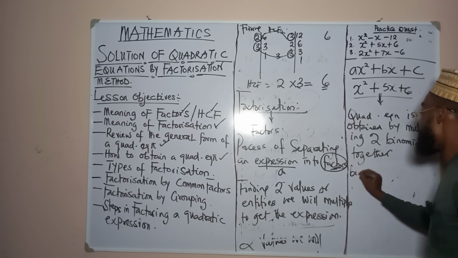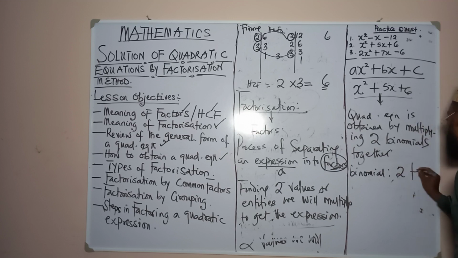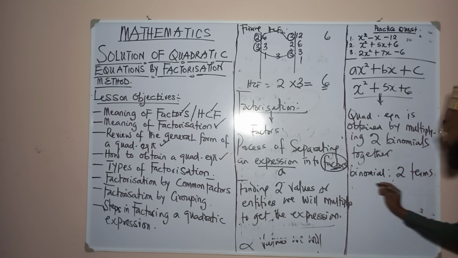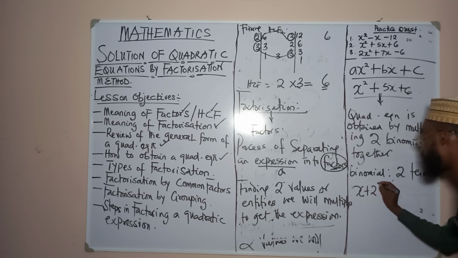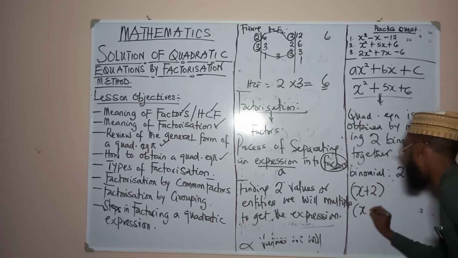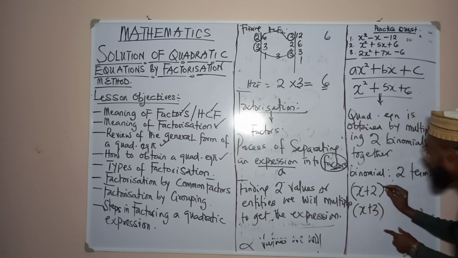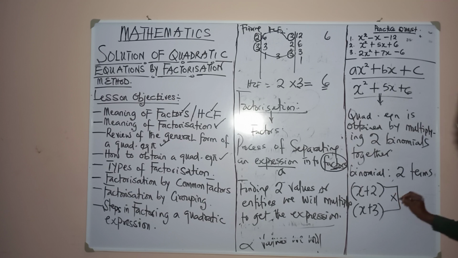I said that a binomial is an expression that has two terms. That is to say, if I have x plus 2, this is a binomial. And then I also have x plus 3, this is also a binomial. So when you multiply two binomials together, you are going to get what we call a quadratic expression.